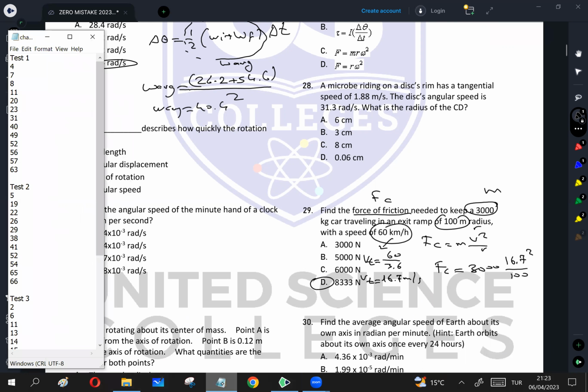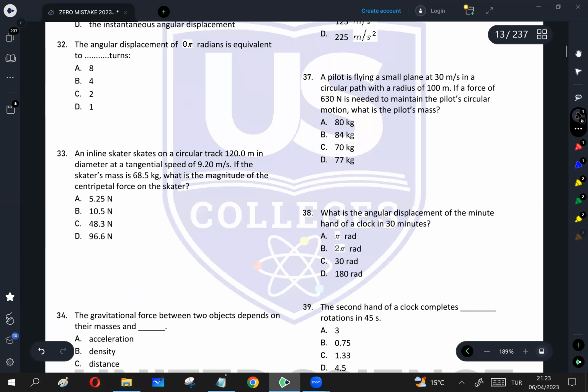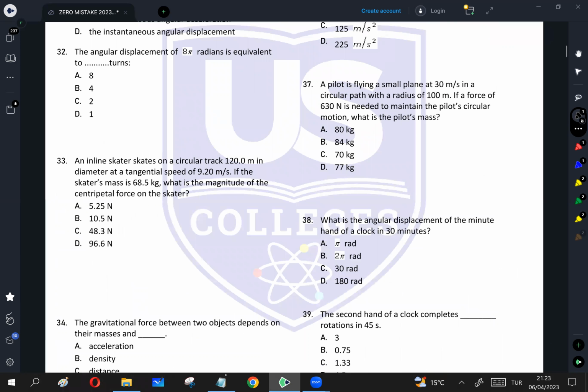After 29, we go to 38. What is the angular displacement of the minute hand of the clock for 30 minutes? The minute hand completes one revolution in 60 minutes. So 60 minutes, one rotation.